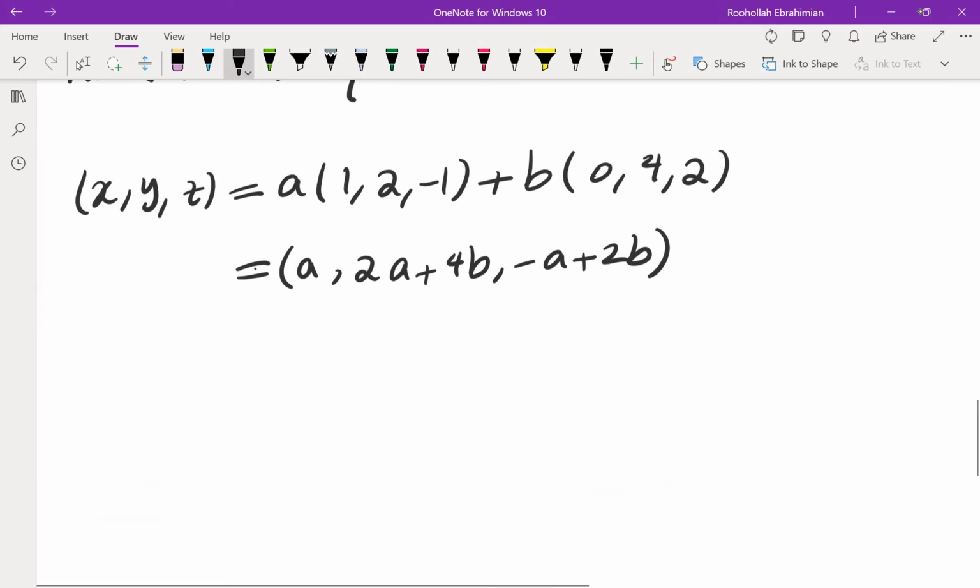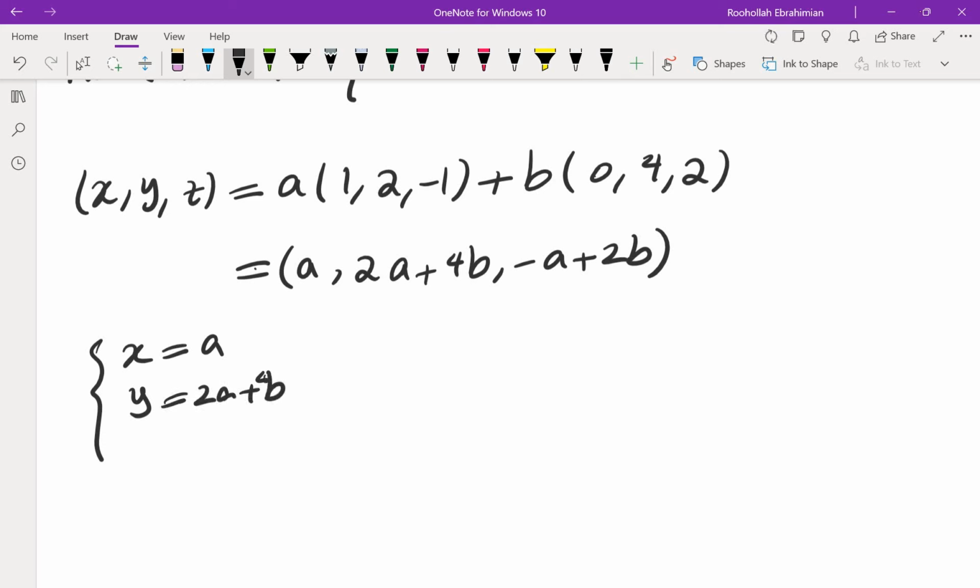So I'm looking for all (x, y, z) such that x is a, y is 2a + 4b, and z is -a + 2b.